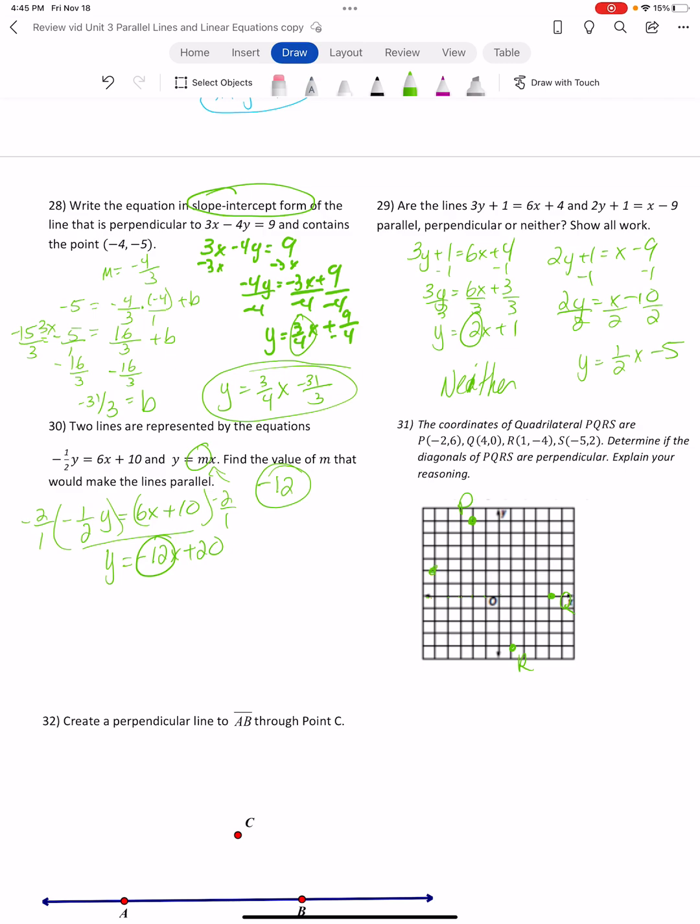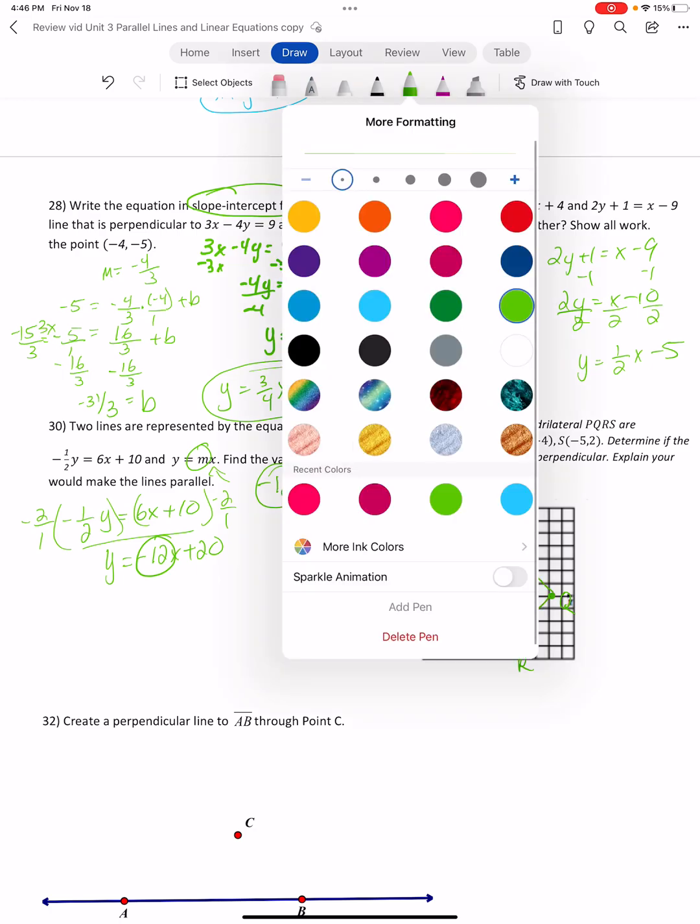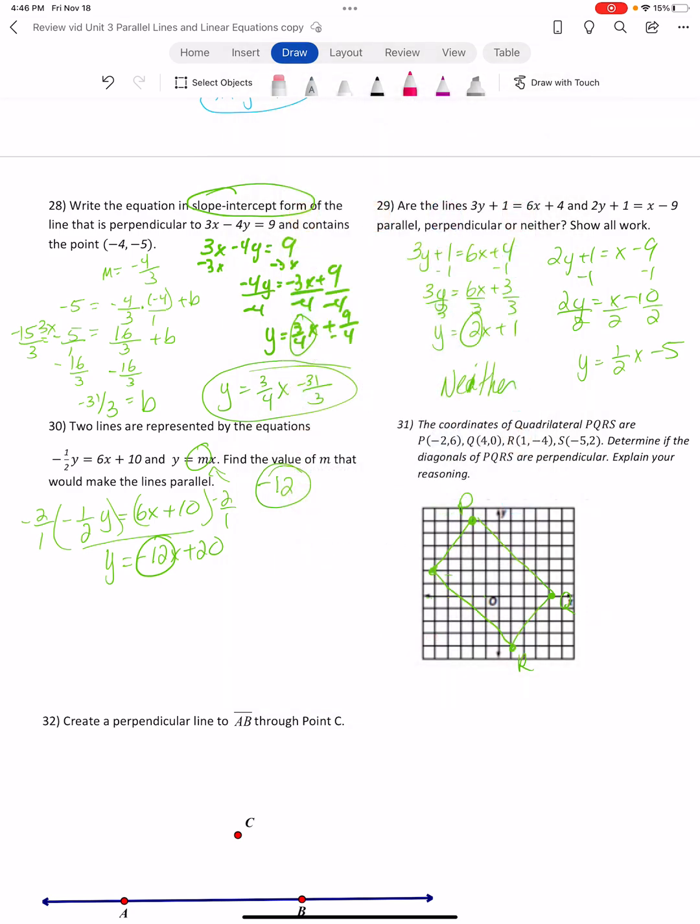Okay, and it says determine if the diagonals of PQRS are perpendicular. Explain your reasoning. So we're looking at this right here and this right here.